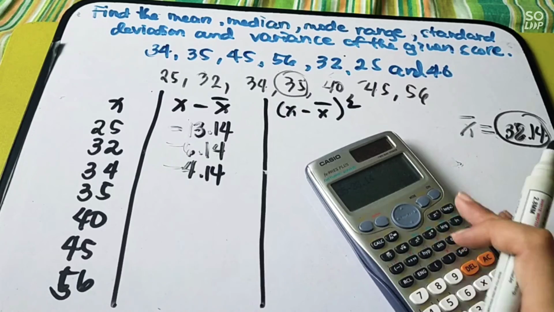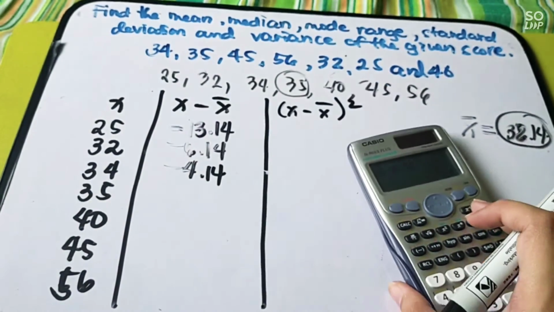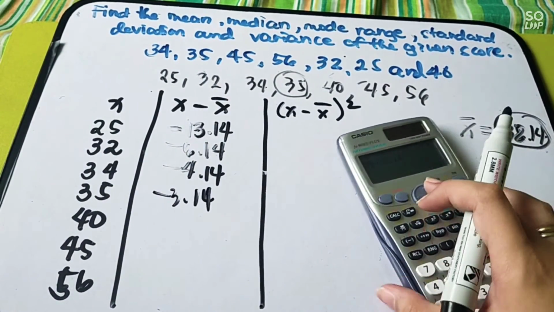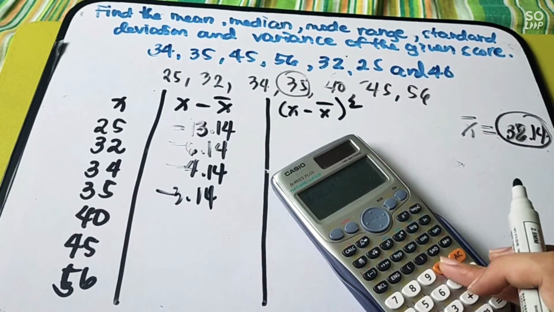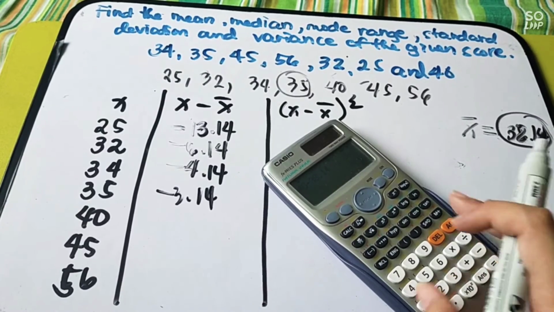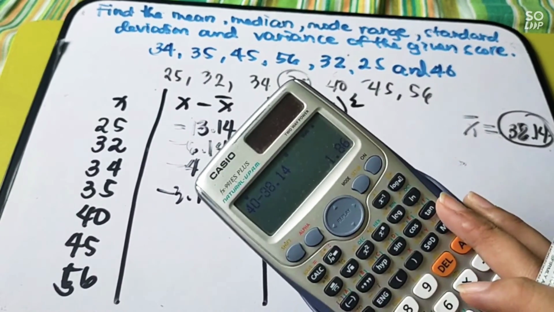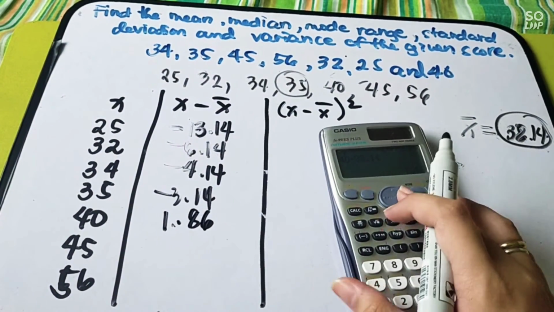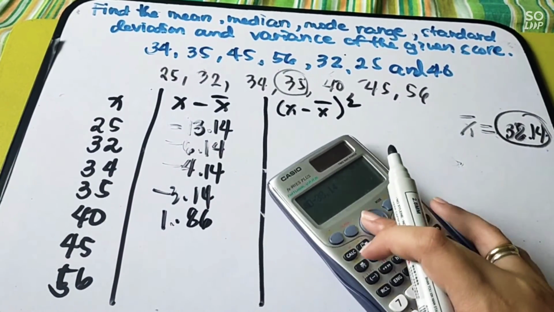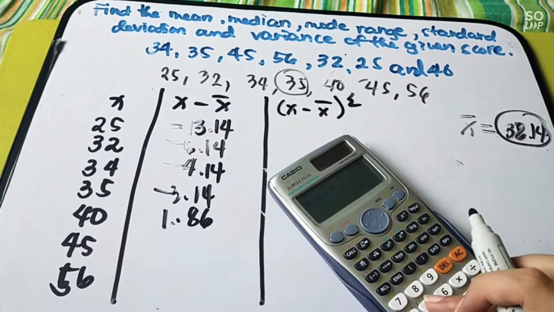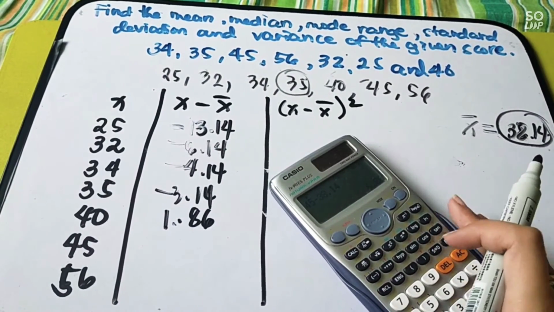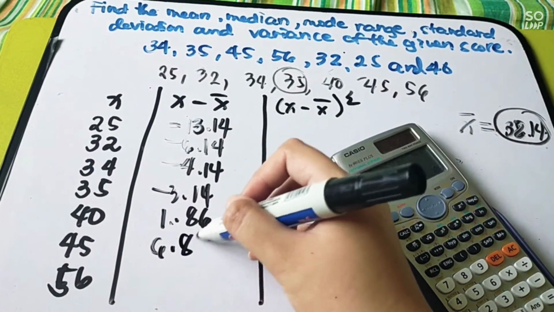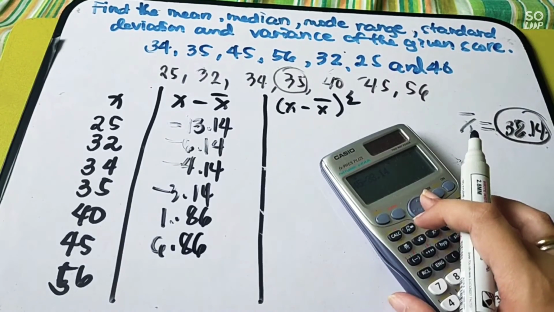The answer here is negative 3.14. Next, we have 40. The answer is 1.86. Next, we have here 45. 45 minus 38.14. 6.86.